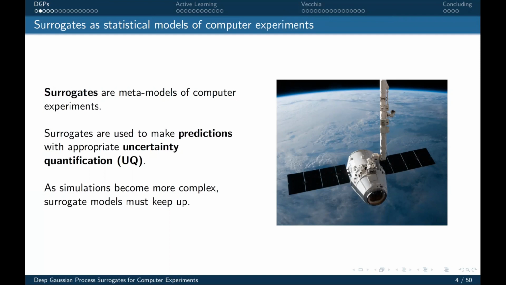If you want to be able to use a simulator like that in real time, then you need what's called a surrogate model, because you can't evaluate that simulator in all possible configurations that the satellite might be in along a trajectory and get the drag outputs that you want in any reasonable amount of time. So there's kind of a resource problem.